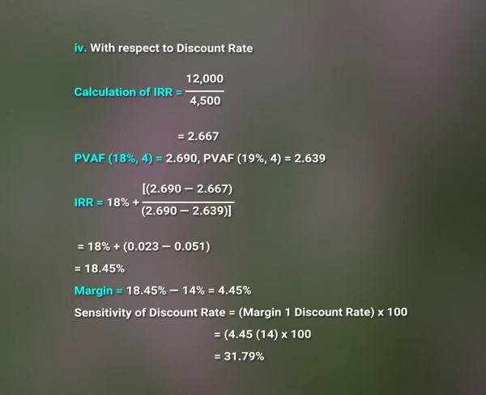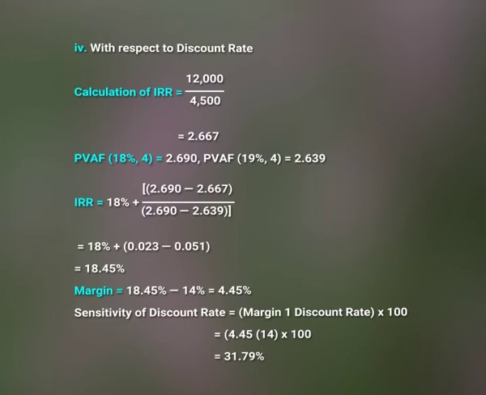Now, calculation of IRR: 12,000 divided by 4,500 is equal to 2.667. Then PVAF at 18% and 4 years is equal to 2.690. PVAF at 19% and 4 years is equal to 2.639.